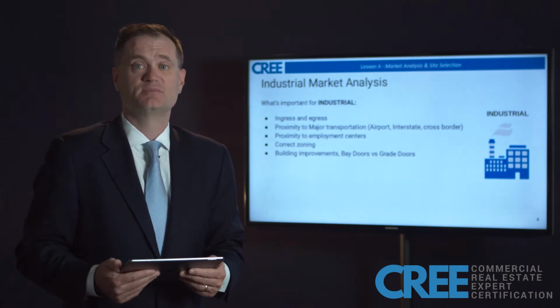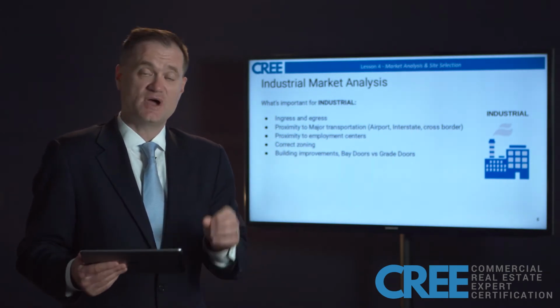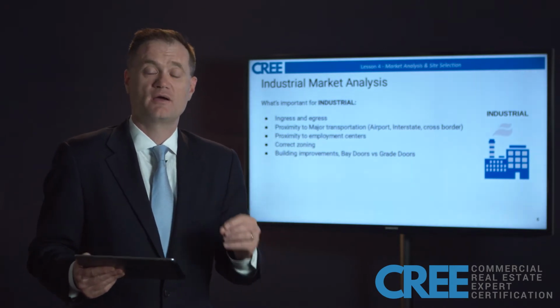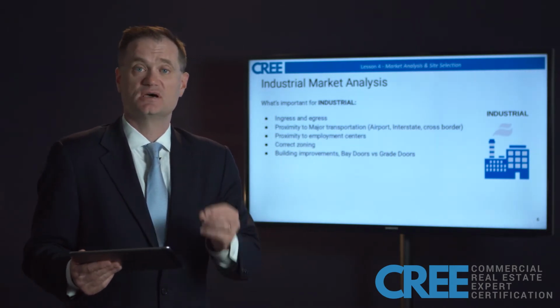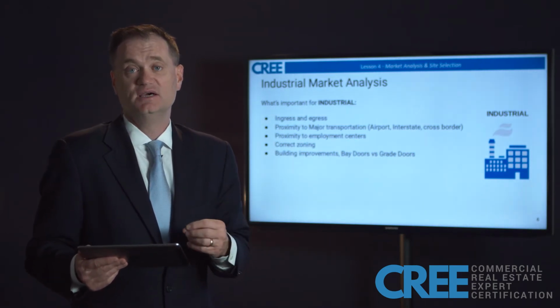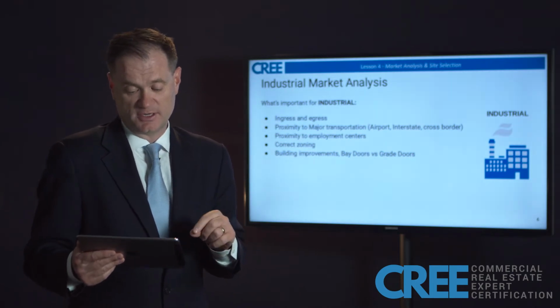That's just something that you're going to want to take into consideration: that drive time, that distance between trucks moving from a warehouse to another warehouse, to a consumer, to a business, is very, very important. And so traffic and traffic times are extremely important in the industrial market.